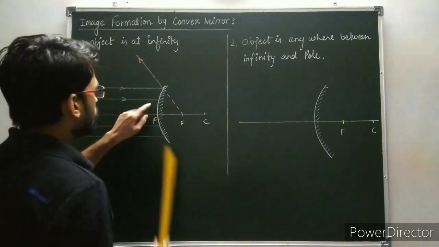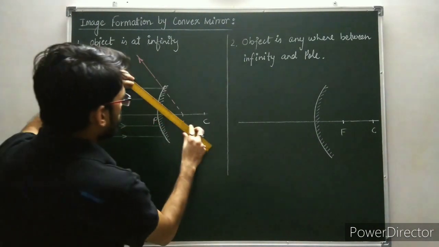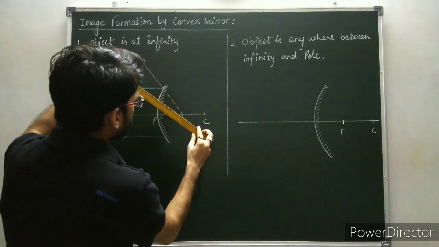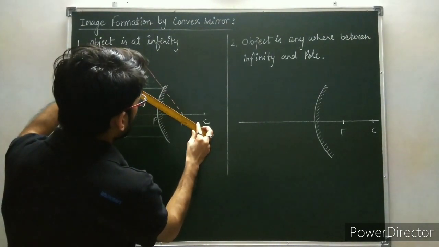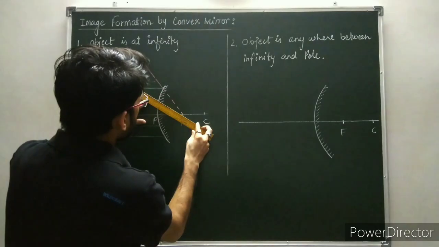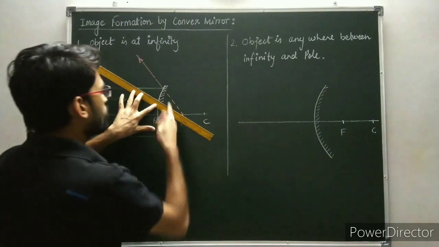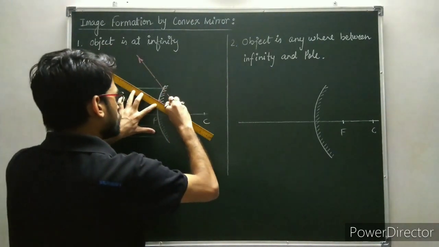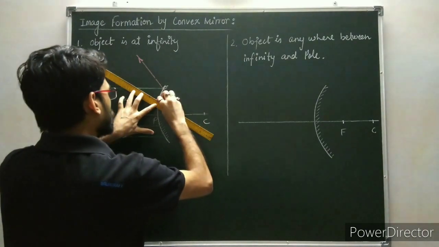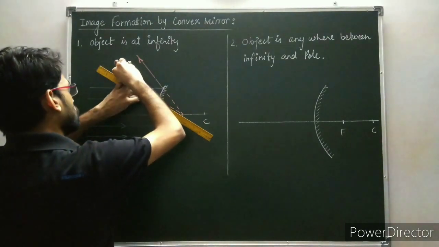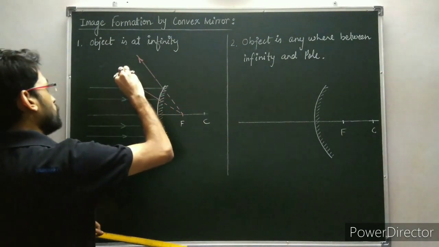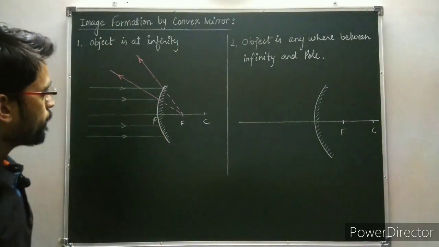Now for this light ray, the reflected ray will be such a way that it appears to pass through focus, or it appears to come from focus.